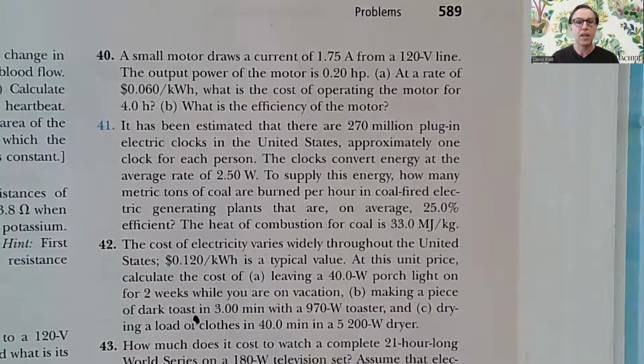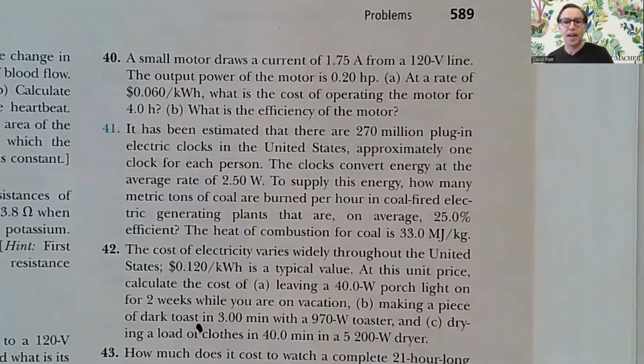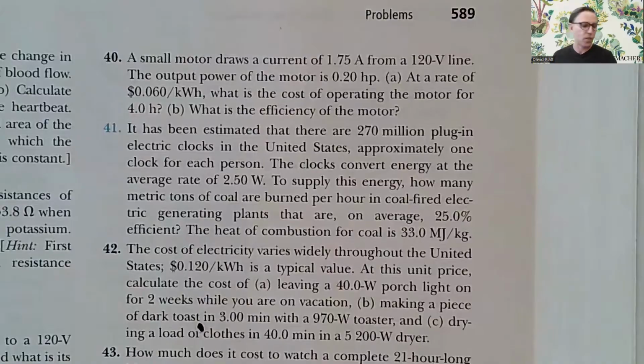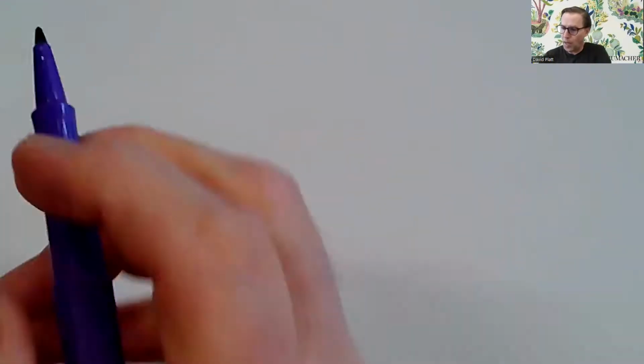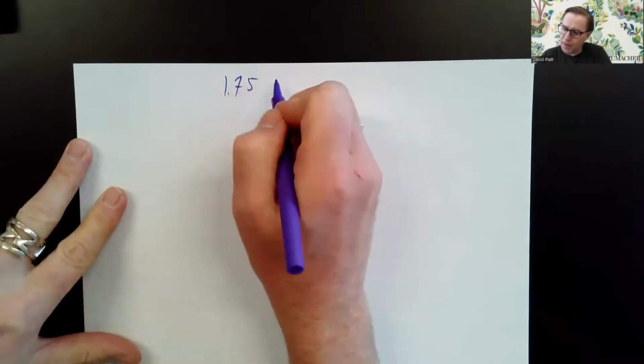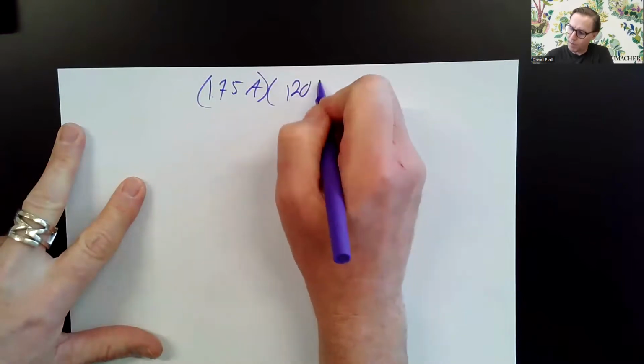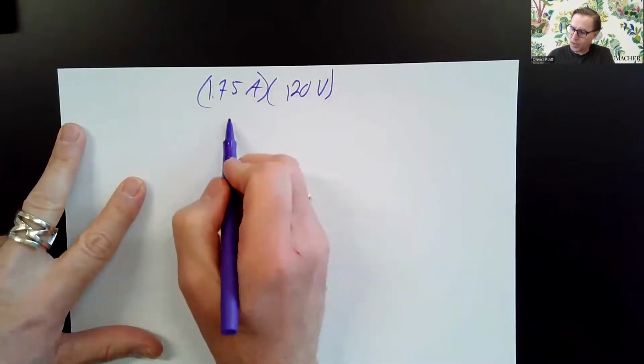So 0.2 horsepower is equivalent to a certain number of watts. We'll look at that. First of all, I am going to say, hey, what is the efficiency? Let's do letter B first, because that's interesting. 1.75 amps, 120 volts. 1.75 amps times 120 volts. This is the current.